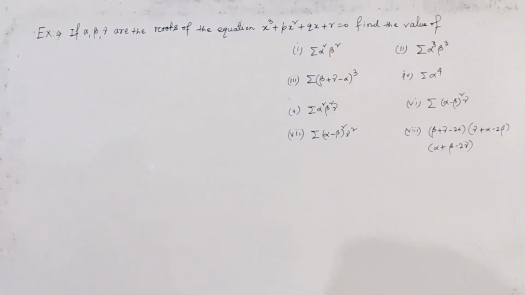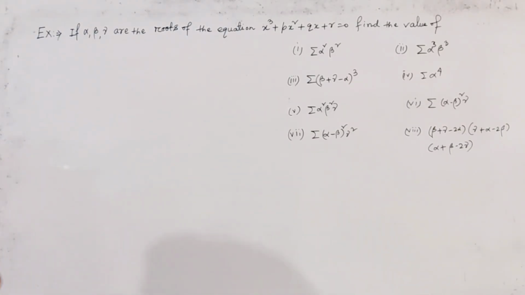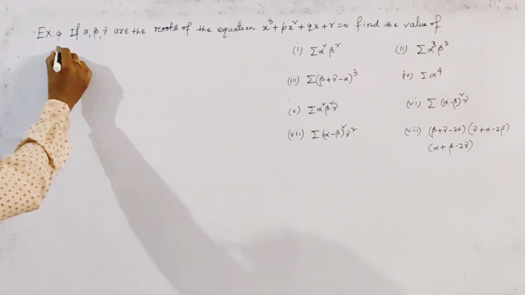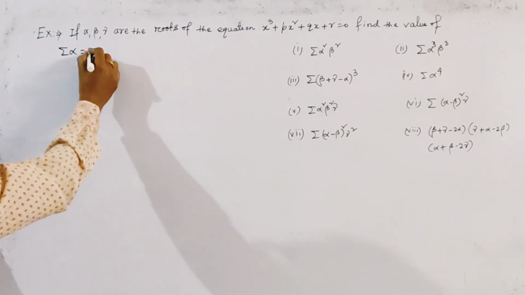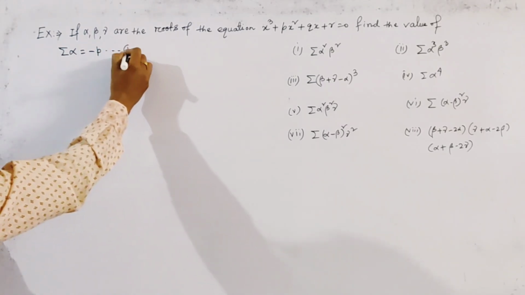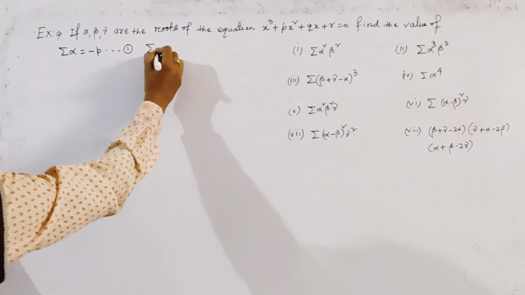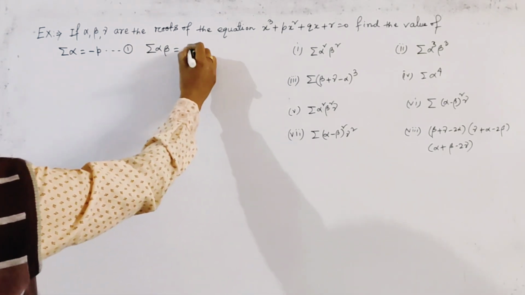Now we first write the relation between roots and coefficients. It is clear that summation alpha is given by minus p. This is relation number 1. Summation alpha beta is given by q.